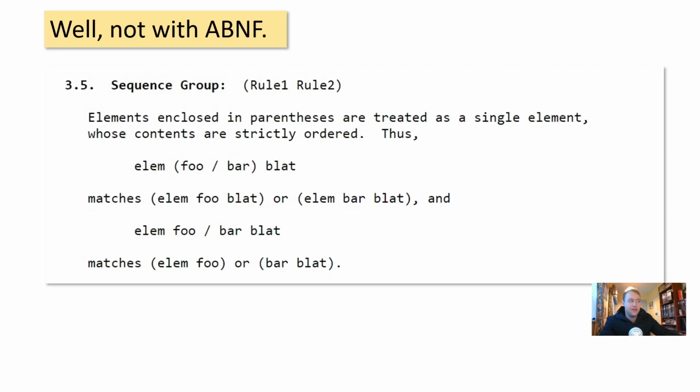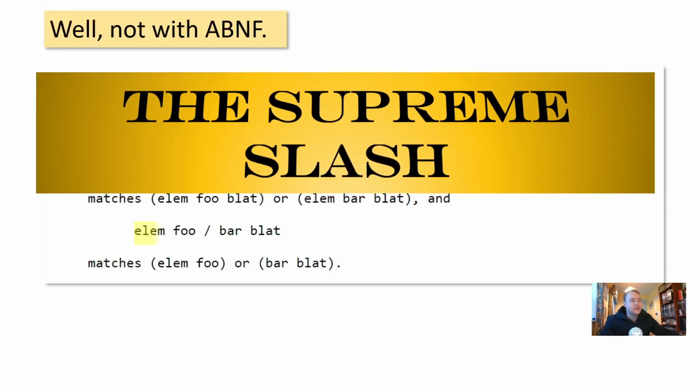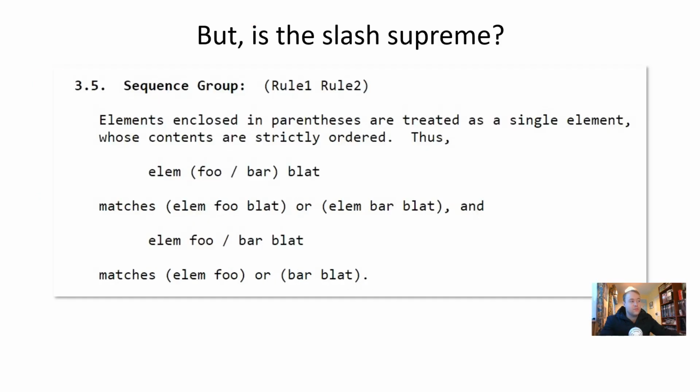Well, not with ABNF. We have the supreme slash. There's bar blat, and it divides the entire surrounding world into two parts. Is that the right way to think about it? Well, look at that slash. Does that divide everything after it into two things?